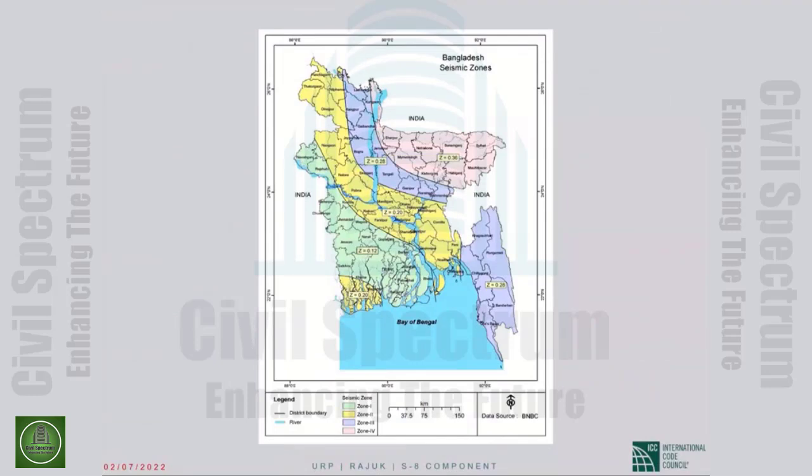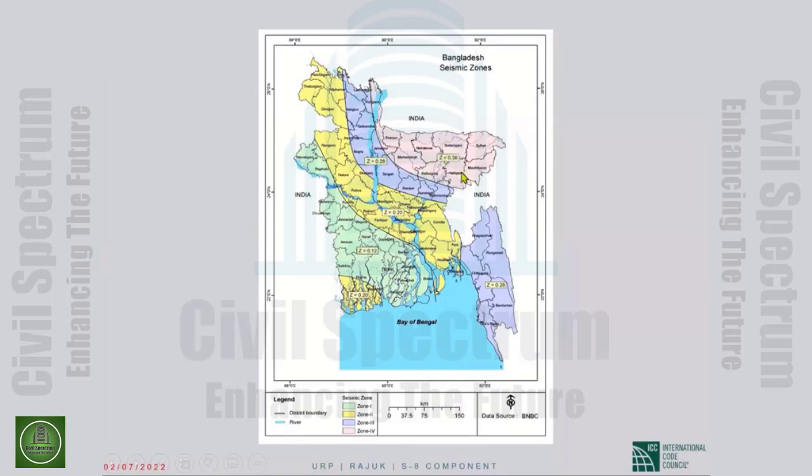Now, Bangladesh has this zone map, which in the US has been discontinued beyond the Uniform Building Code. The country is divided into 4 zones. The yellow is zone 2, the green is zone 1, the purple is zone 3, and this is zone 4, the pink.